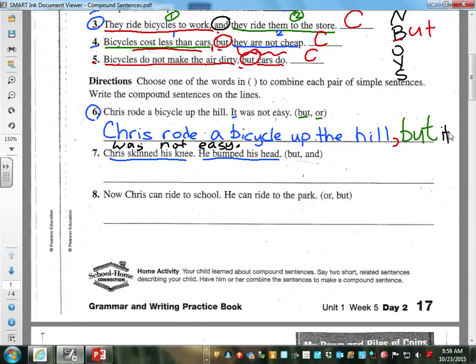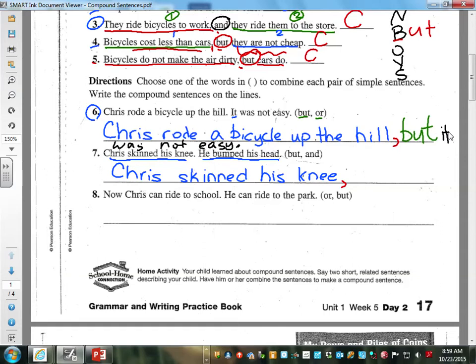Chris skinned his knee. Now the next thing I need to add in order to connect my two sentences is a what? A comma.